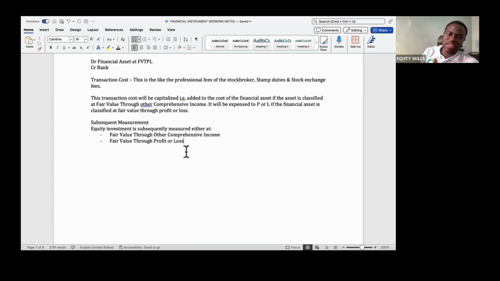If you're measuring it at fair value through OCI, any gain or loss at any time, any year, would be recognized to OCI. But if you're measuring it at fair value through POL, any gain or loss that is made on this equity investment will be recognized to POL. That's just the distinction between the two. It's not more than that.